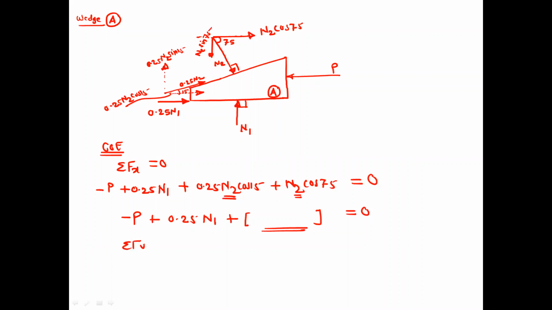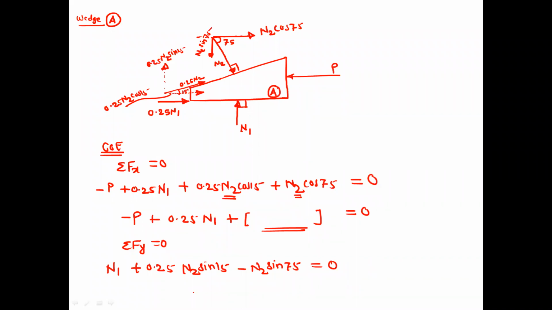Then use summation Fy is equal to 0. So for summation Fy, we have plus N1 plus 0.25 N2 sine 15 minus N2 sine 75 equal to 0. Okay.